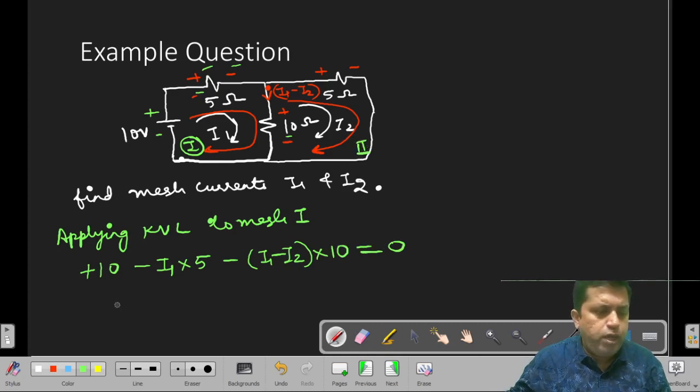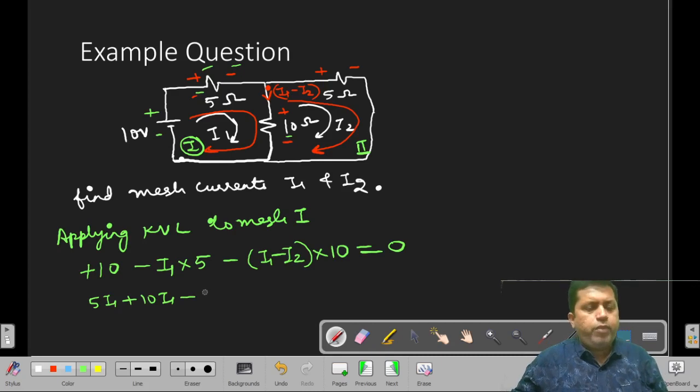So from here it is quite clear that 5I1 plus 10I1 minus 10I2 is equal to 0, that is, equal to 10.